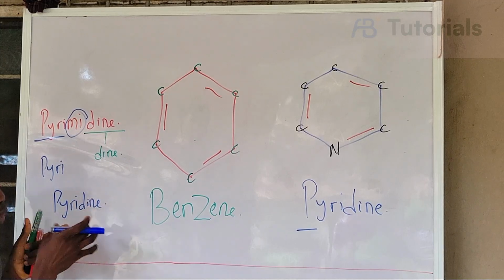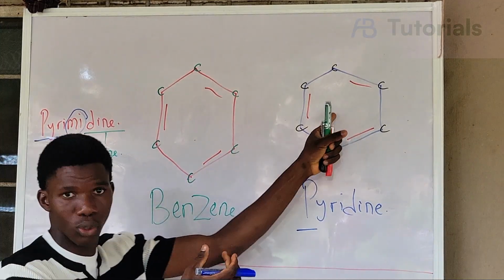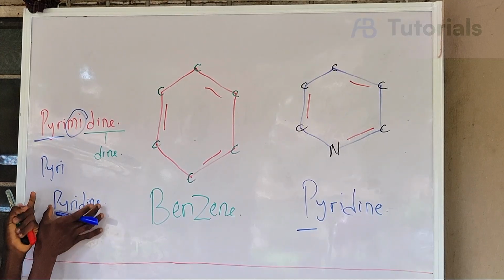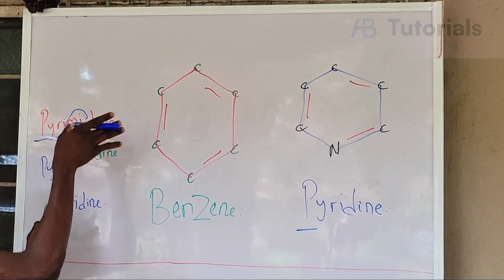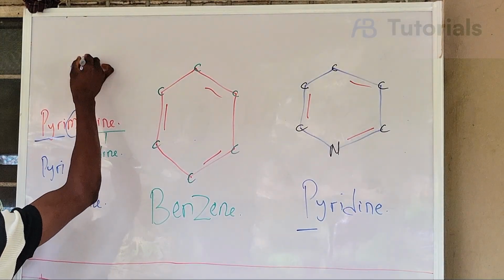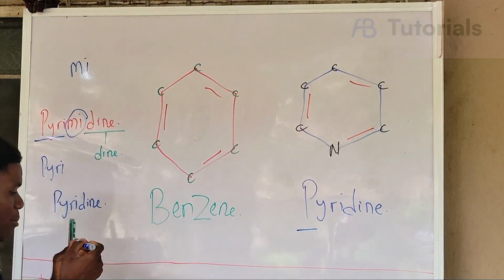That is to tell us that one of the structures we want to draw should look like this, because we've been able to extract the pyridine from the pyrimidine. So we are left with mi. But I'm not seeing this as mi actually.